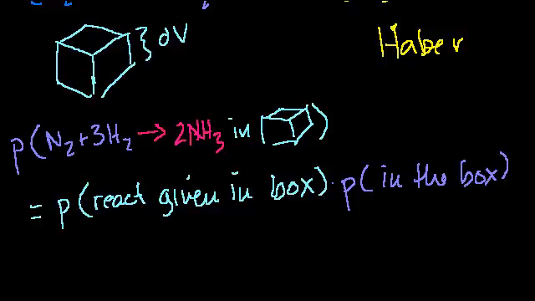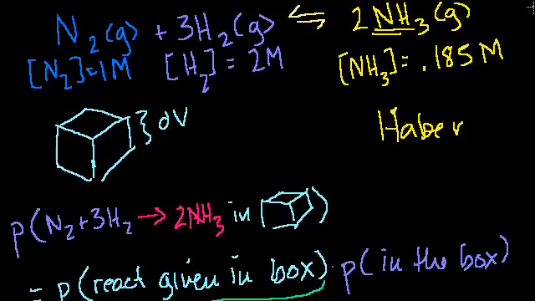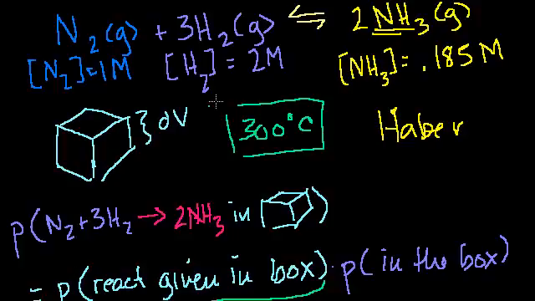Now, my claim is that this piece right here is a constant. If you know the temperature, for the Haber process, this would happen at 300 degrees Celsius. I just looked that up; no need to memorize something like this. But equilibrium constants hold at a certain temperature.